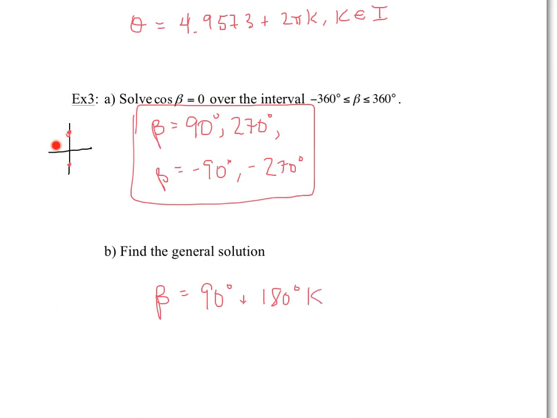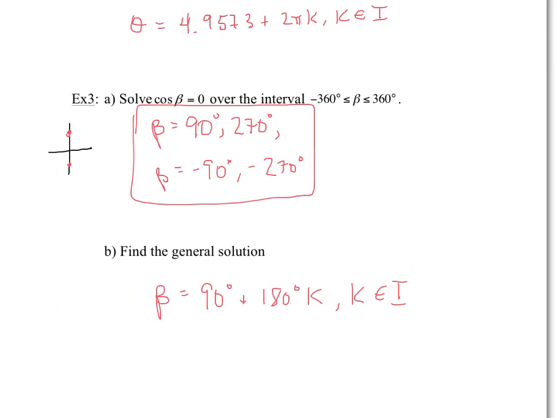If you add 180 once, twice, three times, or subtract 180 again and again, you keep landing on the same 2 spots. So k is an element of the integers. This is the simplified version of the answer.